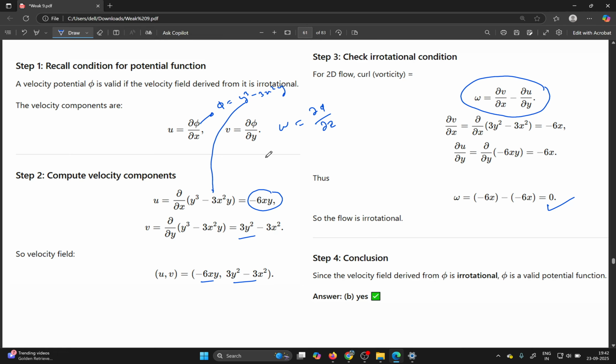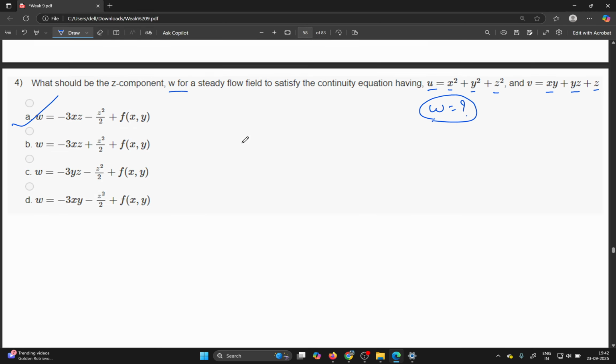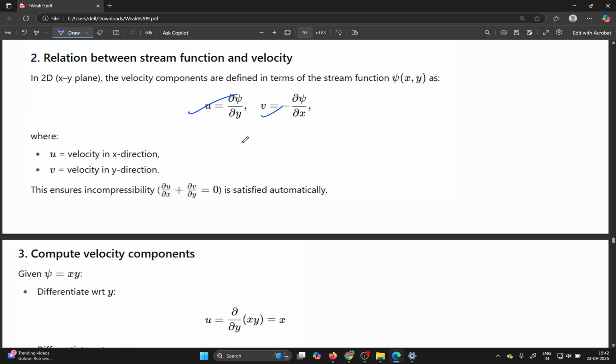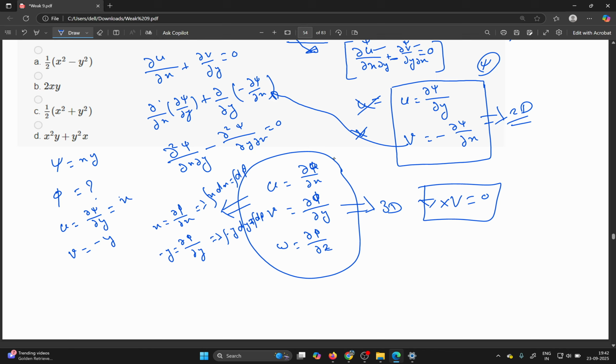So remember one thing, please. I have already discussed and shown you that the velocity potential function can be applied for particular cases, which are irrotational flow.